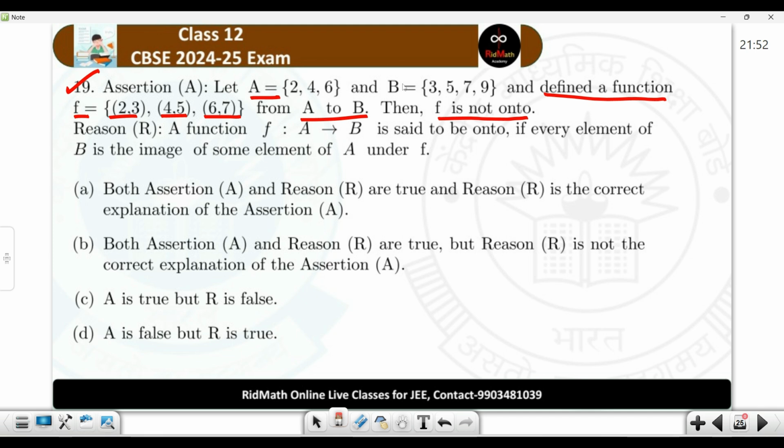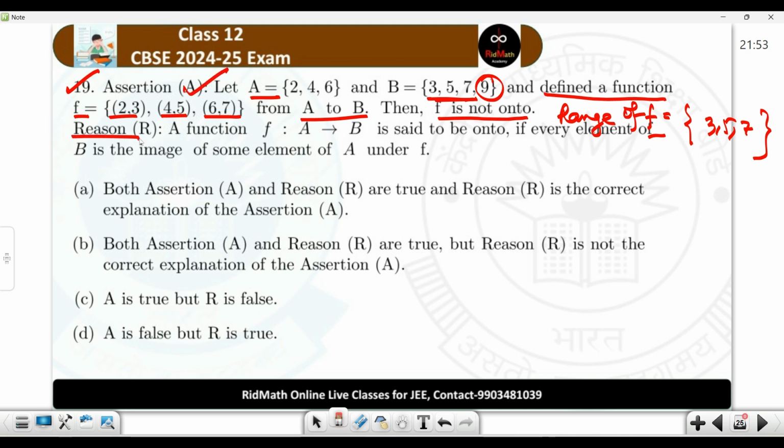The range of f is {3, 5, 7}. Here 9 is not in the range, so this is not onto. So this assertion is correct.